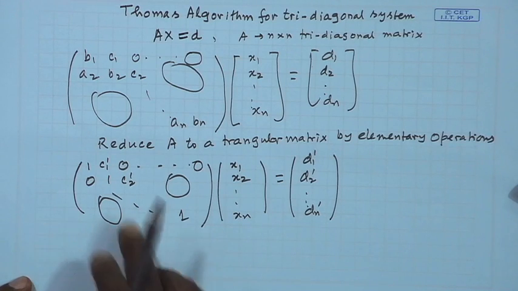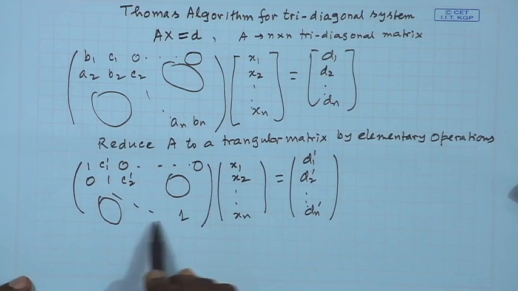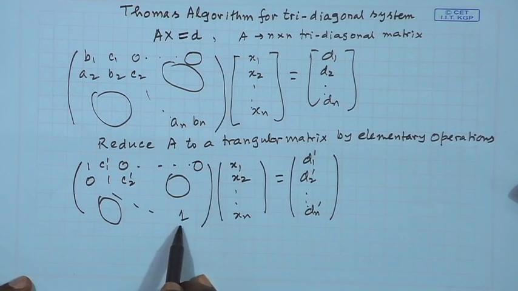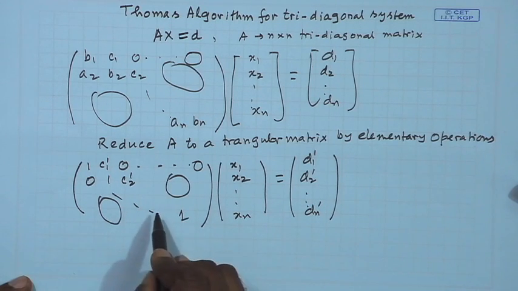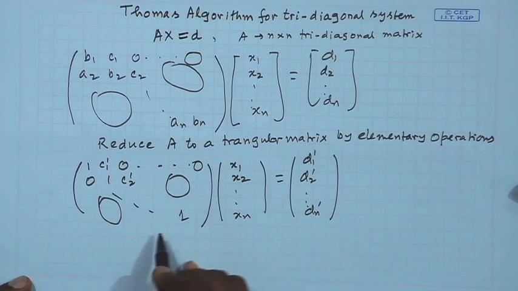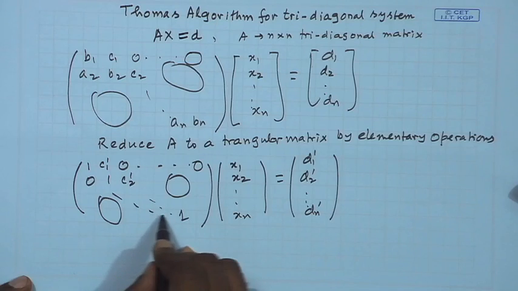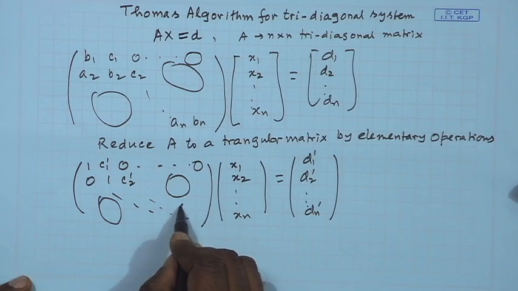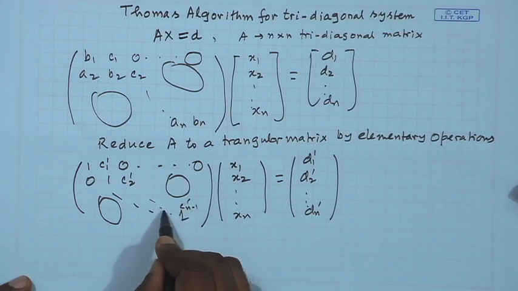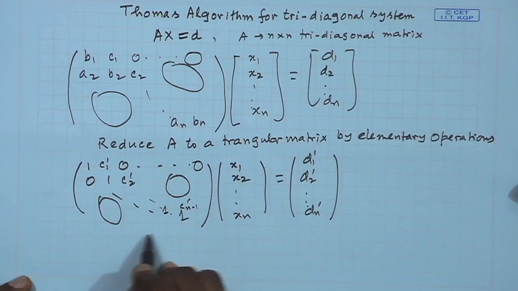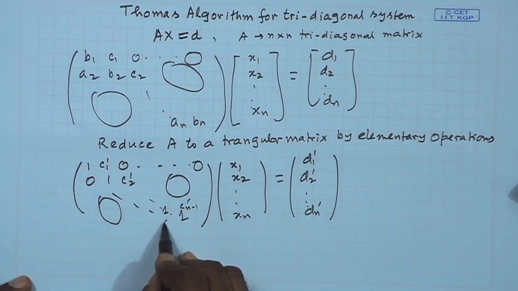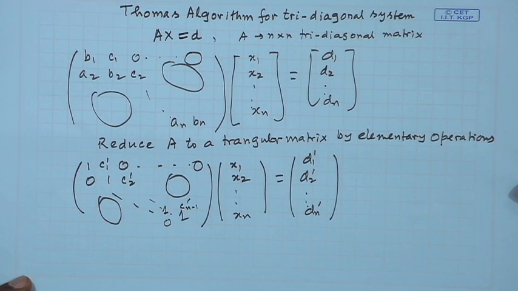So now we get a triangular system where all the elements below the diagonal are 0, with Cn minus 1 dash, 1 at the end.